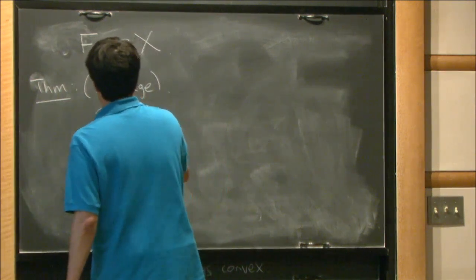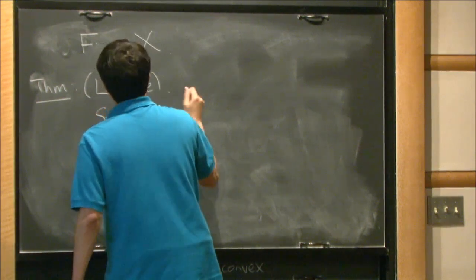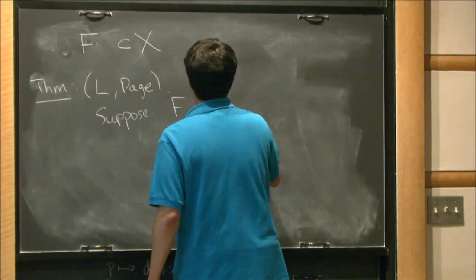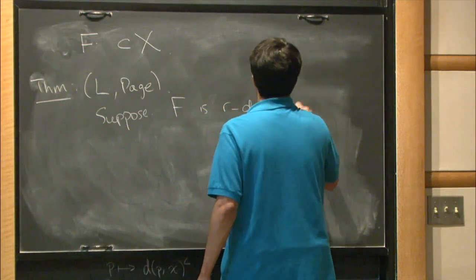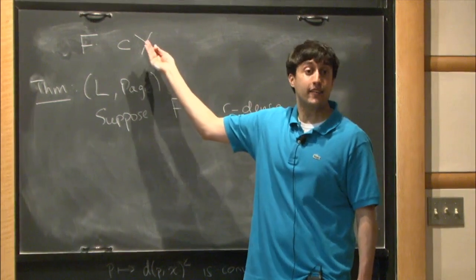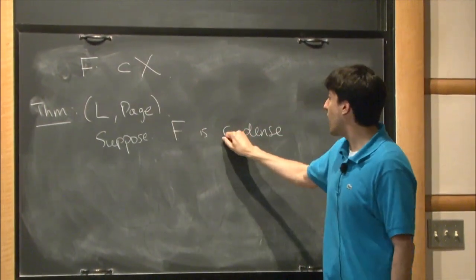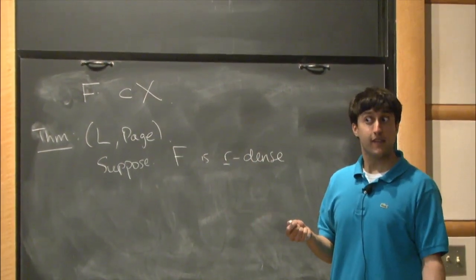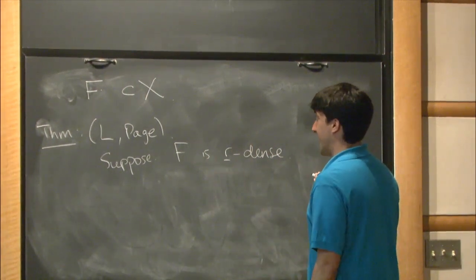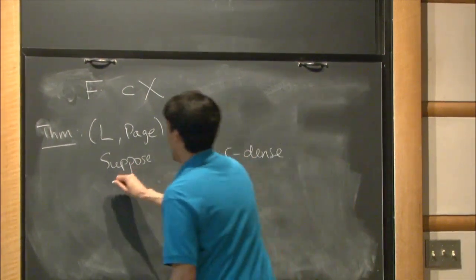So suppose F is R dense, meaning that every point in X has a point of F that is R close to it. So suppose F is quite a dense subset of your symmetric space.